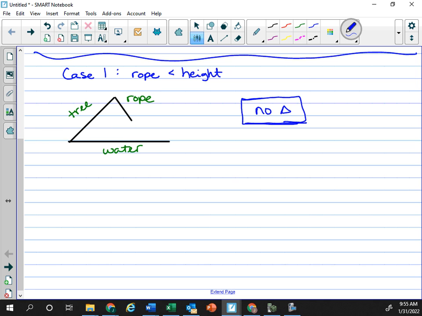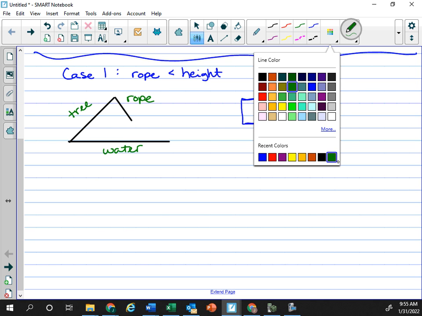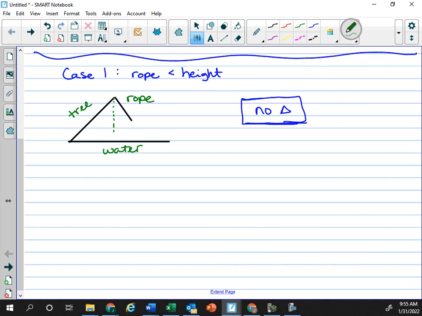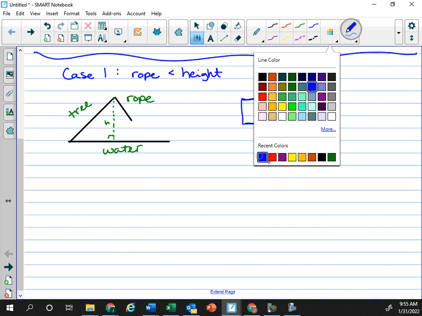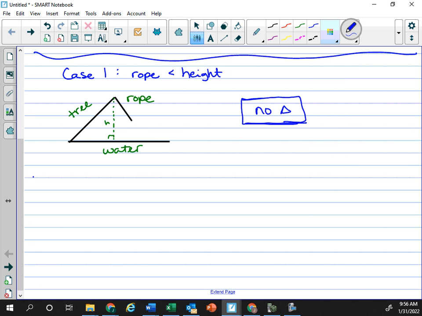And again, what we're comparing that rope to, I made it short in the picture here, but remember you're comparing it to this height. So if the rope is less than the height, you end up with no triangle. We okay with the first case there?